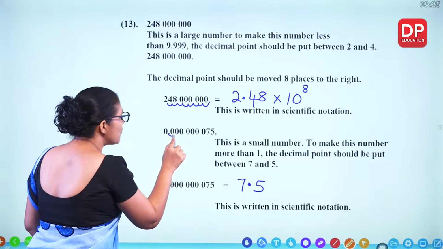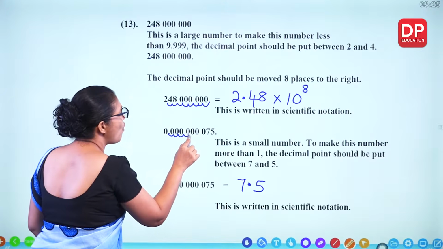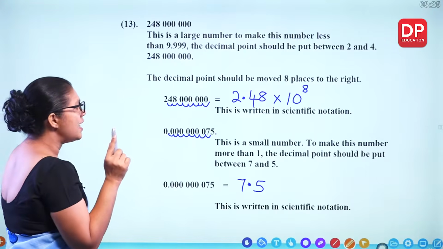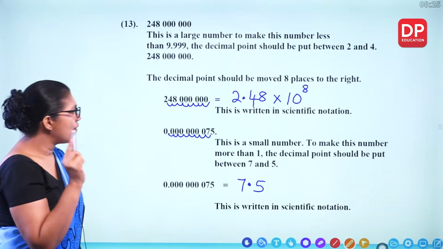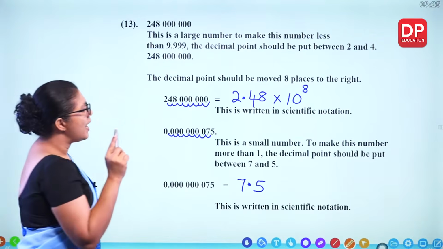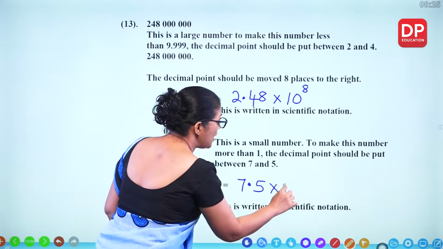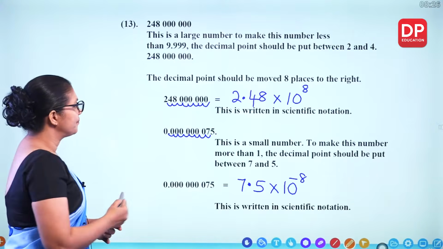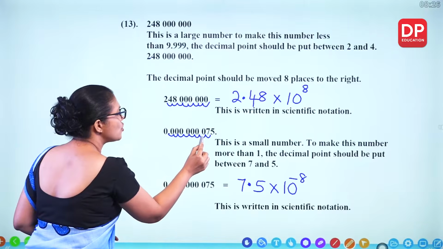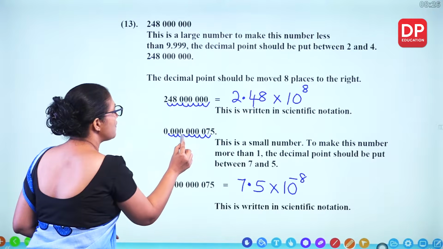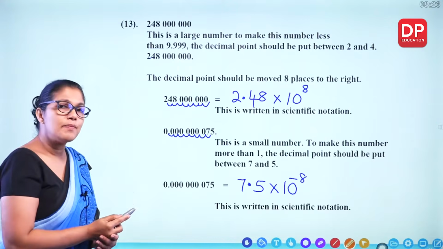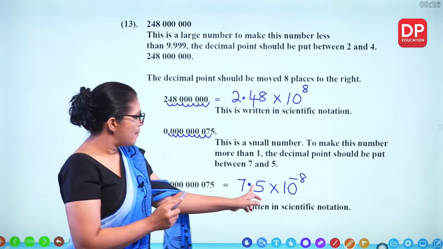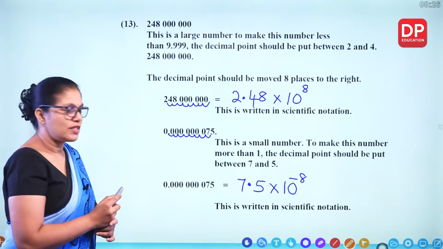How many places do you have to move? 1, 2, 3, 4, 5, 6, 7, 8. 8 places to the left now. So 8 places to the left means we use minus 8. Again, check how many places. 1, 2, 3, 4, 5, 6, 7, 8. 8 places to the left. So this is called this number in scientific notation.